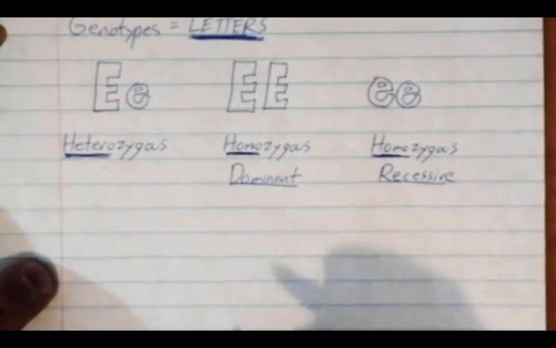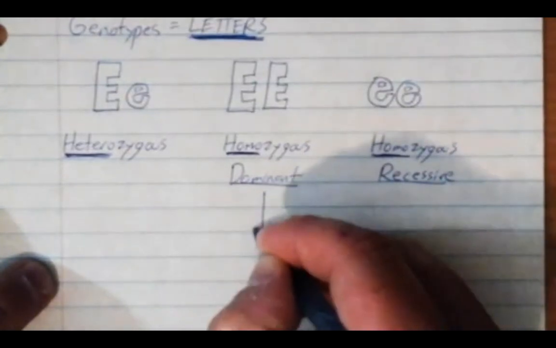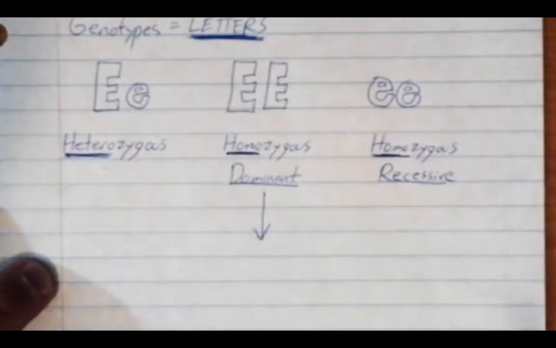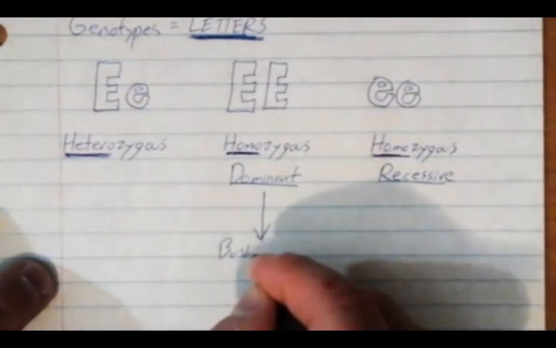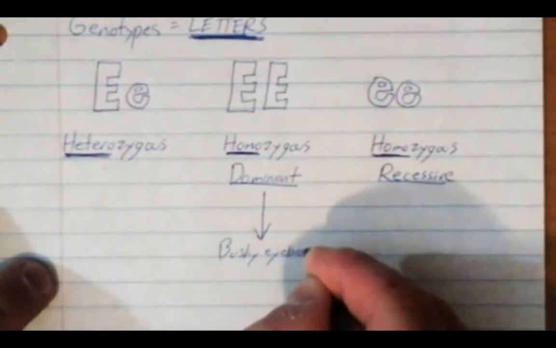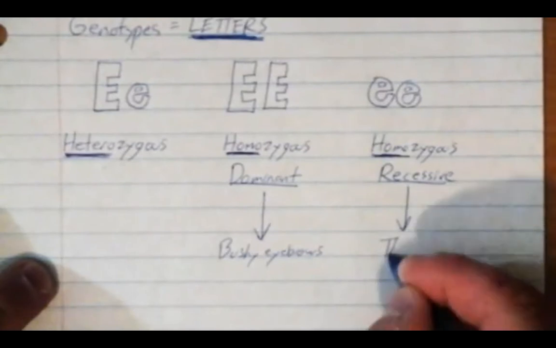Okay, so this is obvious, right? This person with two capital E's, we're going back to bushy eyebrows. Two capital E's, you're going to have bushy eyebrows. Okay, this person has two lowercase e's, so this person's going to have thin eyebrows.